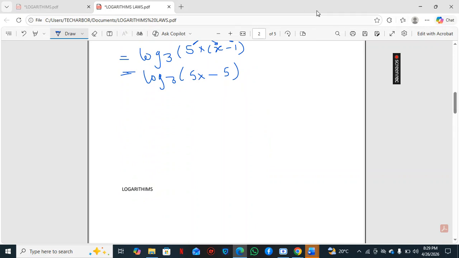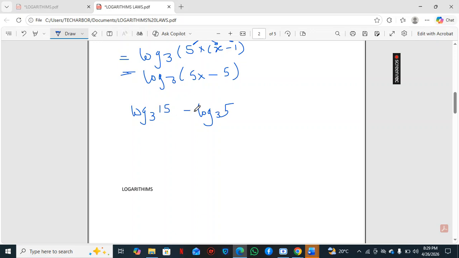So let's say, for example, we have log 15 minus log 5, with base 3.